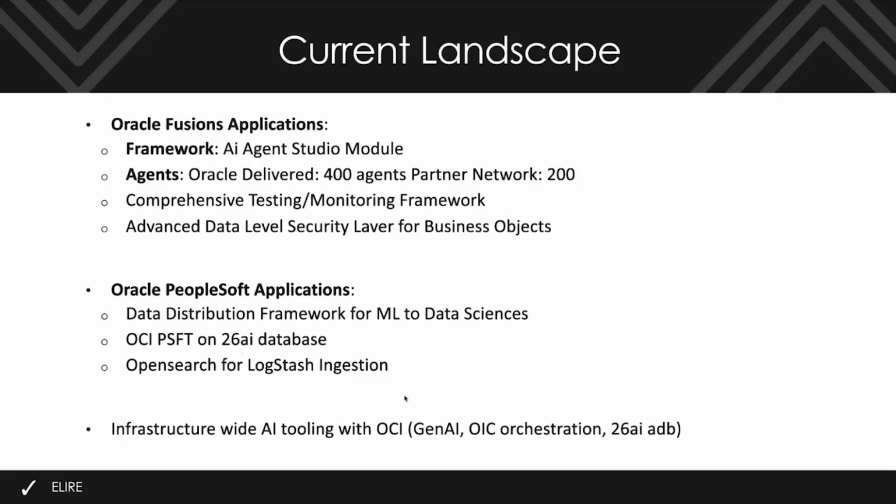Within Oracle, it's actually since I think 8.5.8, the data distribution framework has allowed you to send data. I think it's like flattened out data that you can, in conjunction with OpenSearch, be able to send to data science. And data science is one of those services that falls underneath the Oracle Cloud Infrastructure, which allows you to run Jupyter Notebooks, be able to run training for your machine learning models.